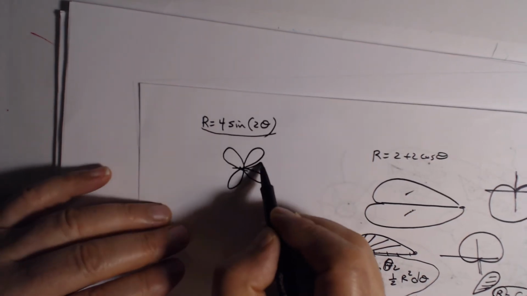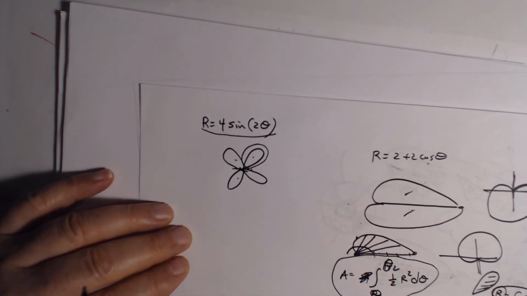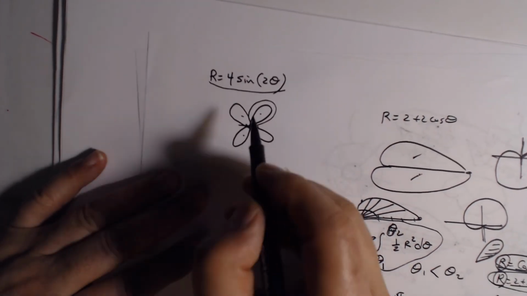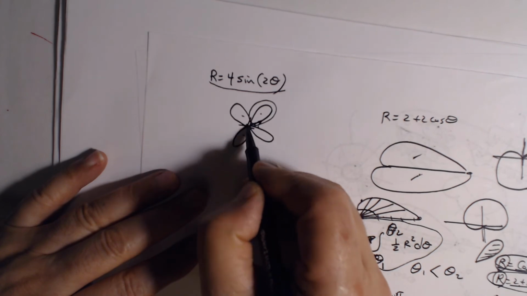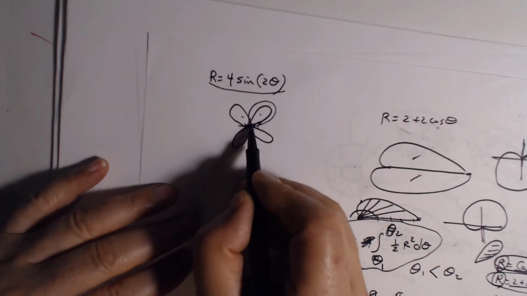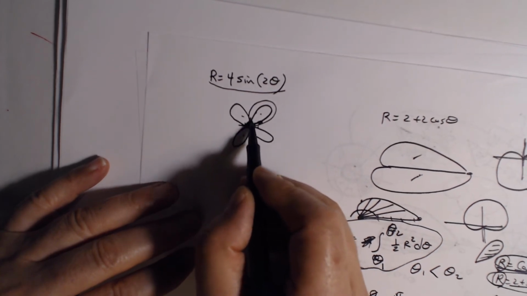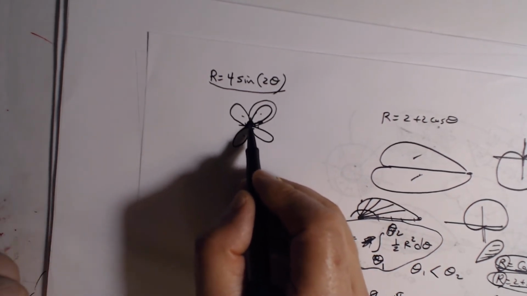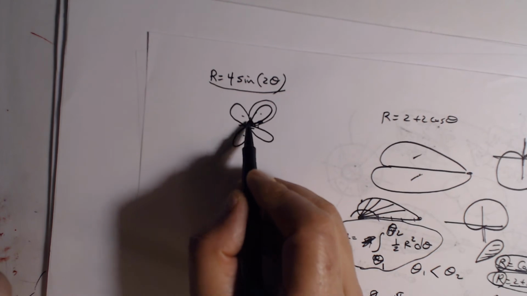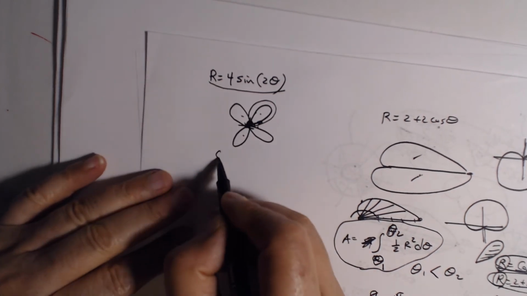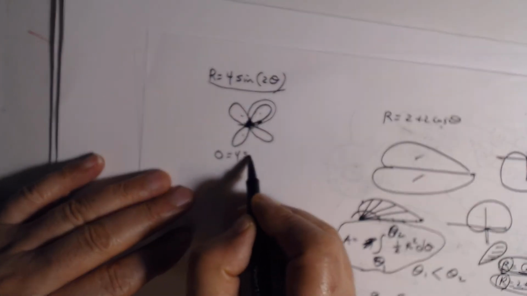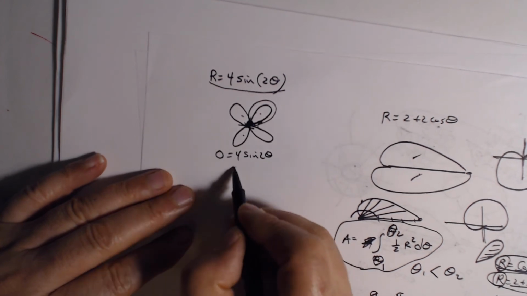Therefore, I'm going to find the area of one of them and multiply by 4. How do you know what is the lower limit, what is the upper limit? Entering the region and exiting the region happen at the pole. At the pole, r is 0. Therefore, I put 0 for r, divided by 4.